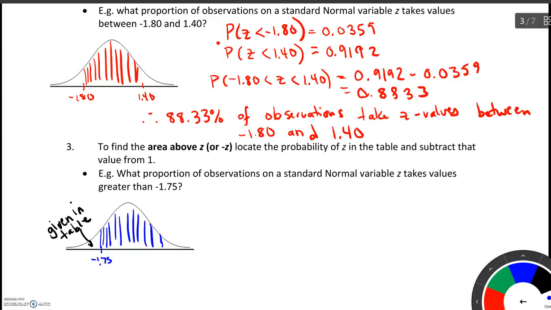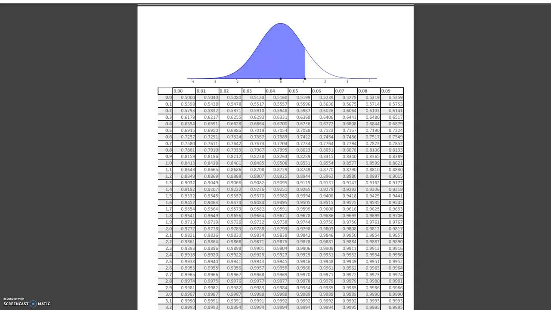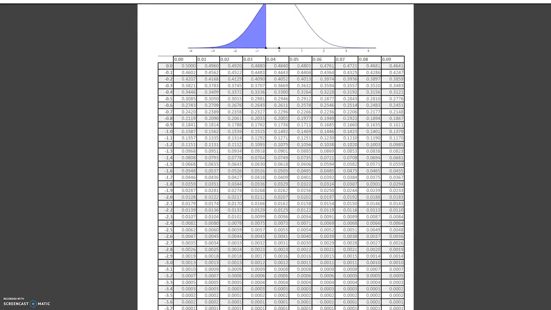So in the Z table, when I look up a score of negative 1.75, I get the probability that Z is less than negative 1.75. When you look that up, you get a value of 0.0401.